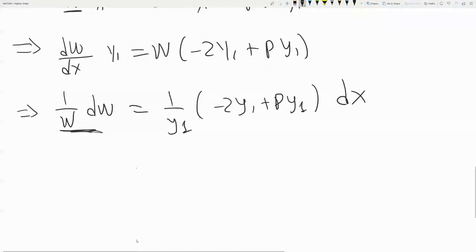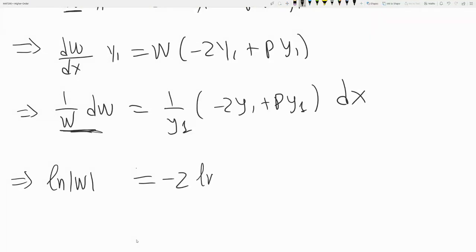This guy is log, and the right hand side is minus 2 times log y1.